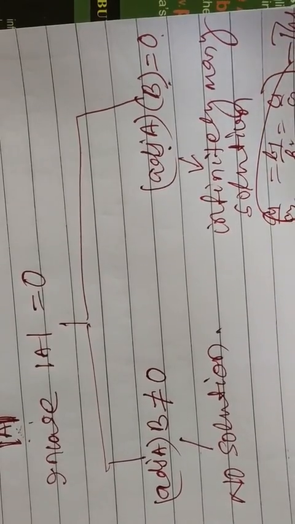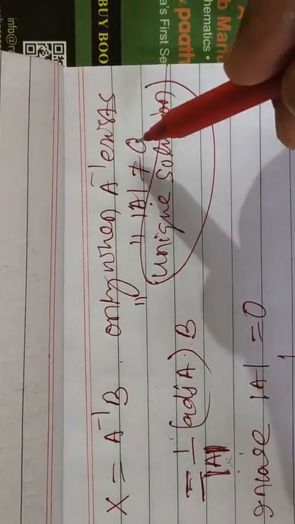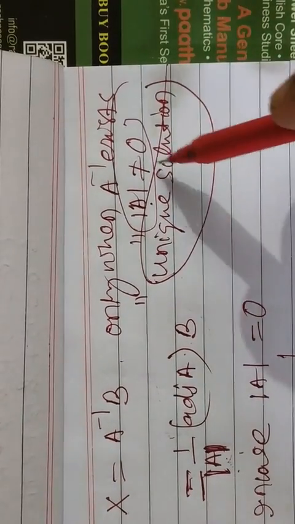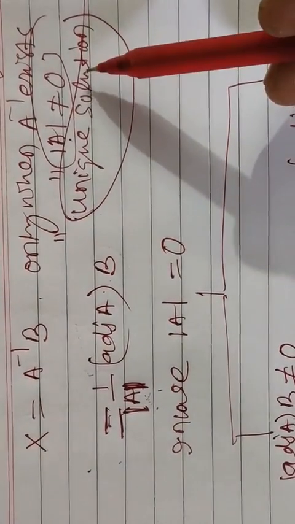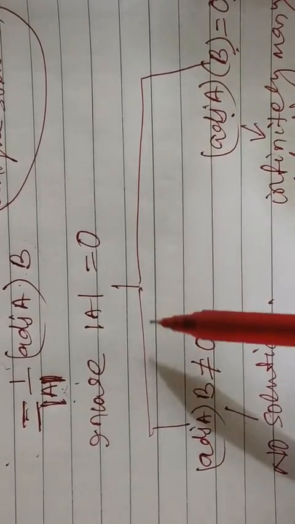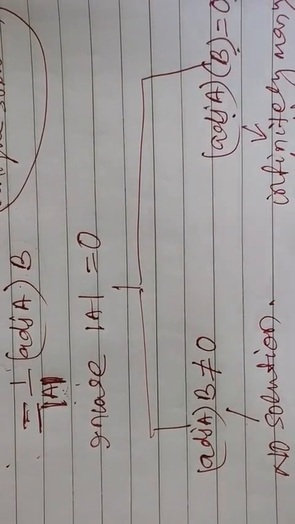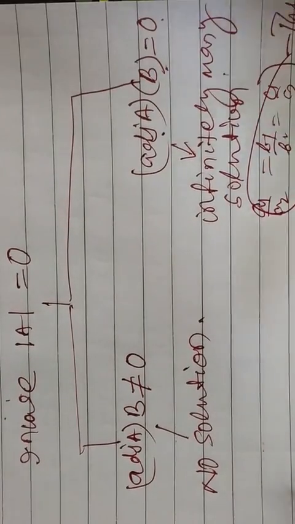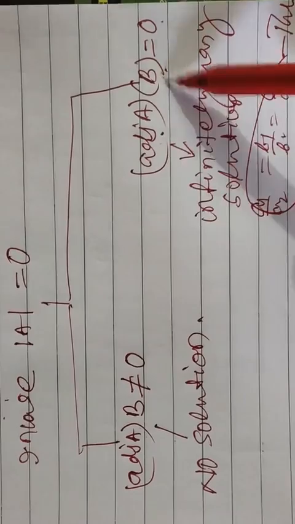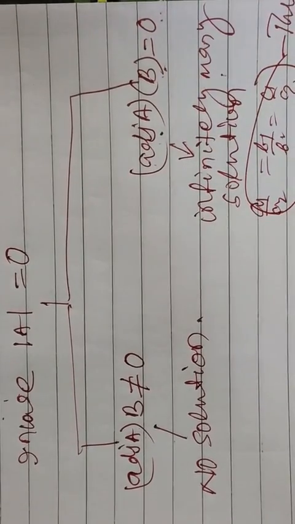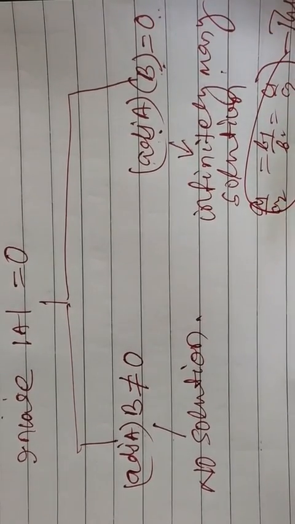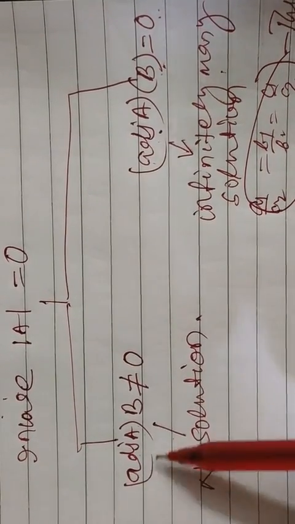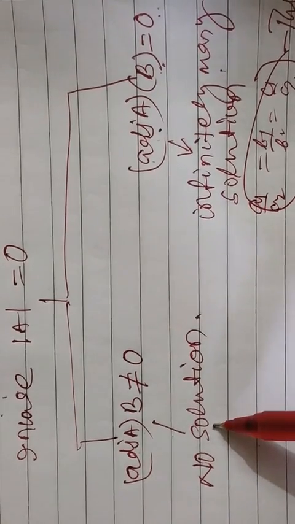For a unique solution, the determinant of A is non-zero, that is A inverse exists, or the matrix is non-singular. But when the determinant of A is 0, then we will have to think of two situations. We will have to find adjoint A into B. If it becomes 0, there are infinitely many solutions. I will tell you how to find them. And when adjoint A into B is non-zero, simply there is no solution.